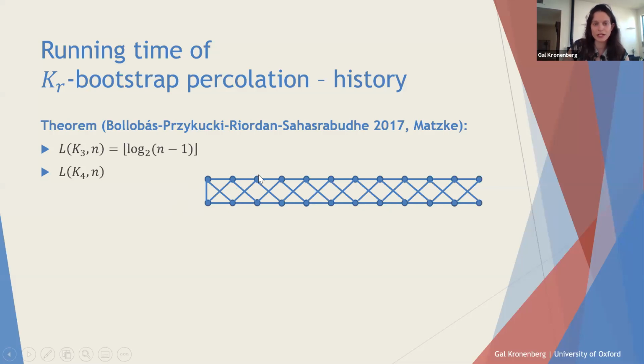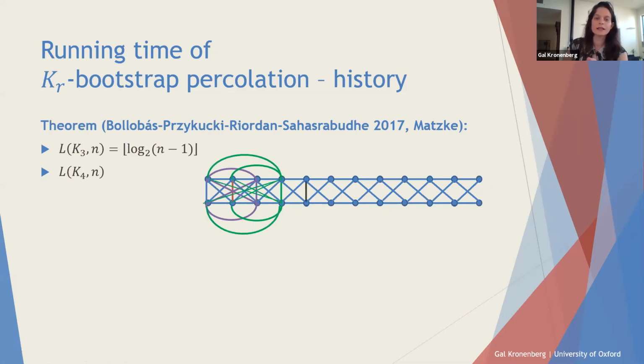Once I add this edge, I can later add this edge and this edge and this edge. But once I add this edge, then I can add this edge, but I can also add this edge, because I have K4 from here, and I can also add this one and this one, all of them simultaneously. And in the next step, I can add this edge and also all the back edges here.